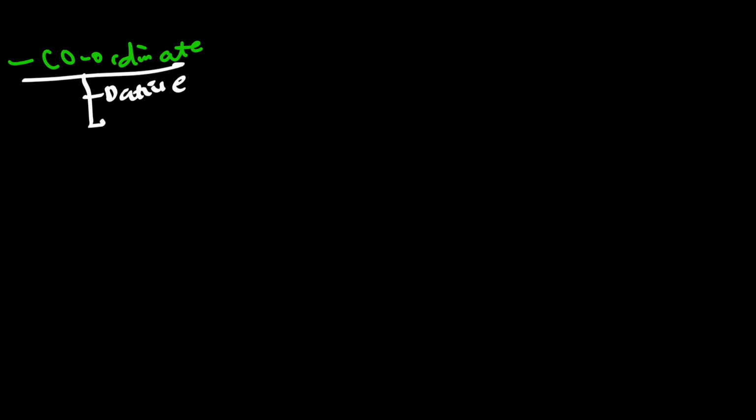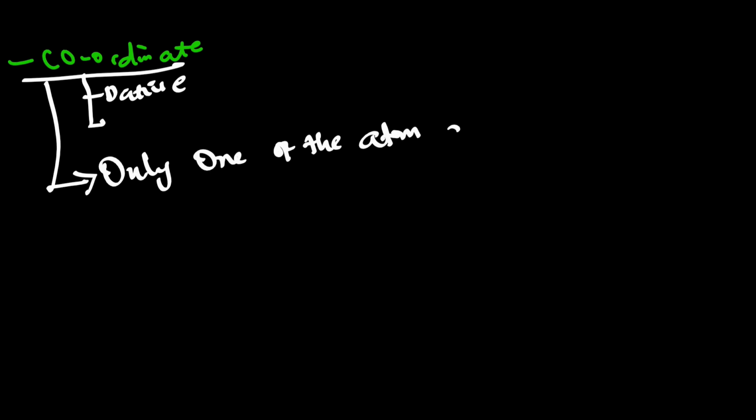So one thing I want you to take home today is that coordinate bonding has to do with sharing of electrons. But the electrons used to form the bond were contributed by only one of the atoms, right? Only one of the atoms contributes to the bond. So just take note of this.